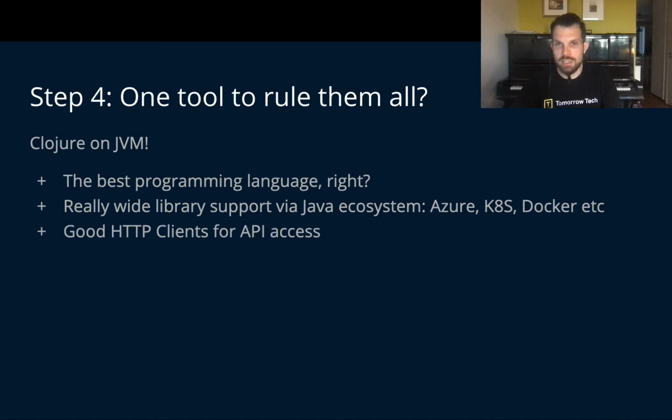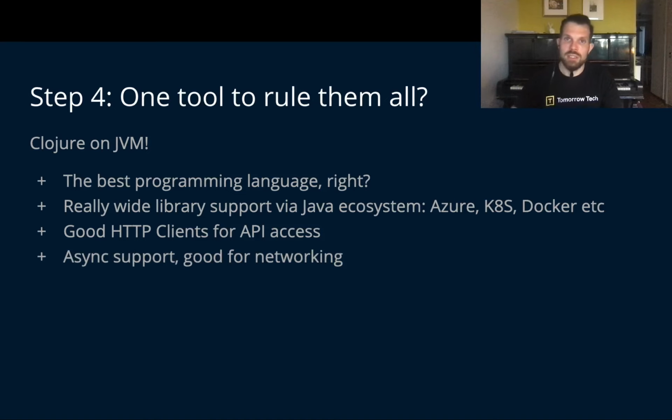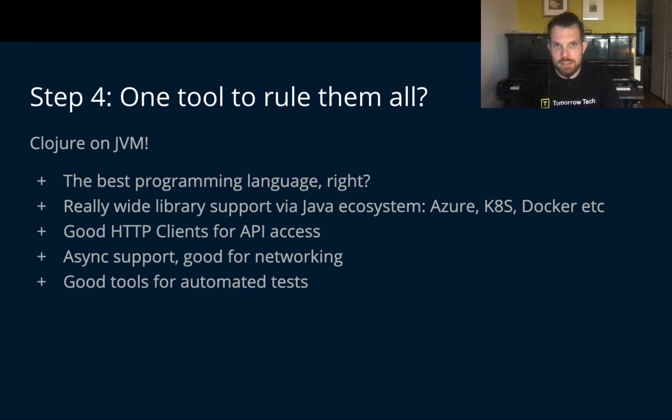And it also has really good HTTP clients, so many kinds of clients, and we could use that for other kinds of API access. So we also use, for example, the Datadog API via HTTP. It has really nice support for asynchronous programming, which we used for some networking tasks, such as port forwarding. It has really good tooling for automated tests, and of course it interoperates nicely with our EDN configuration files.